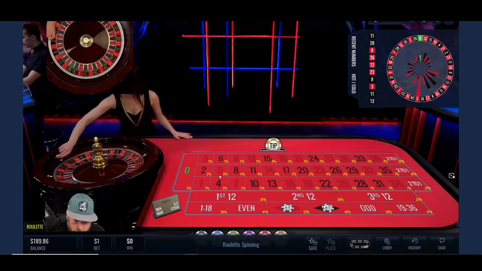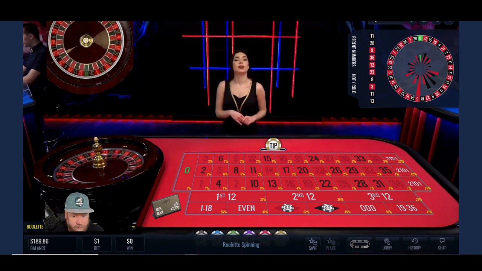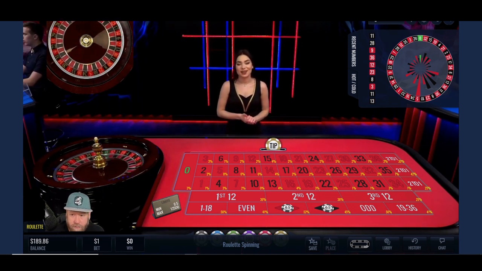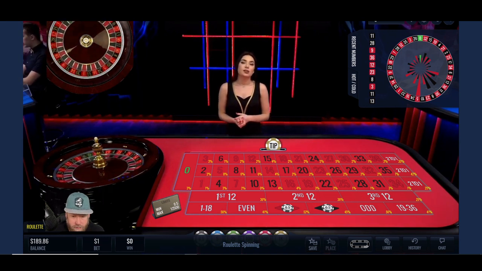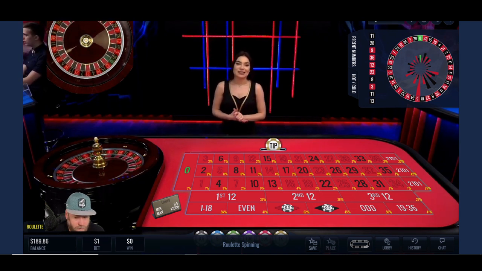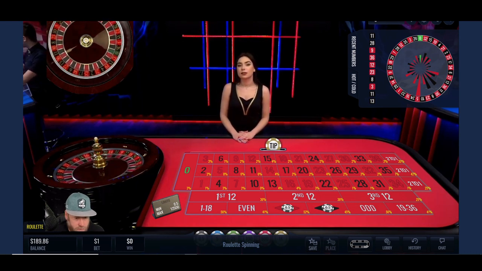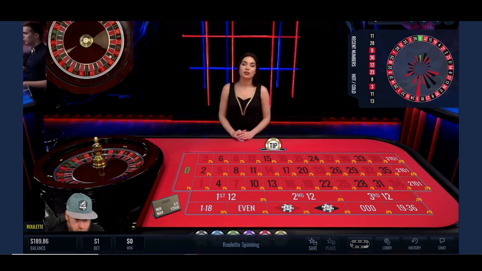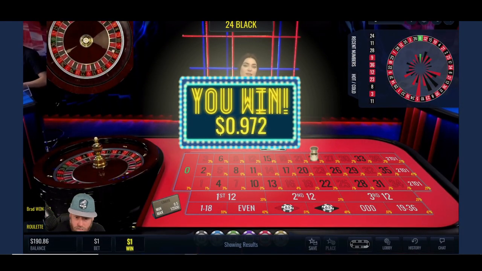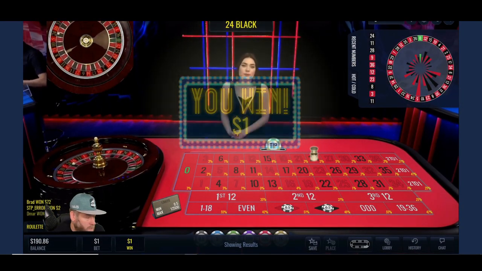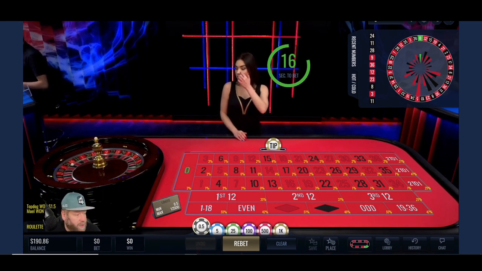Look at these three right here. Boom, boom, boom. But I am at that point where I'm starting to feel like I'm ready to start mixing it up.